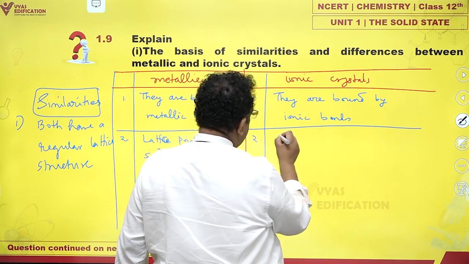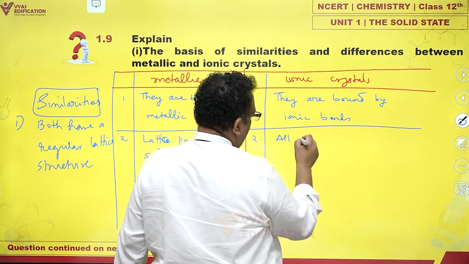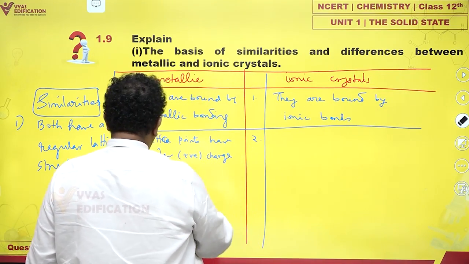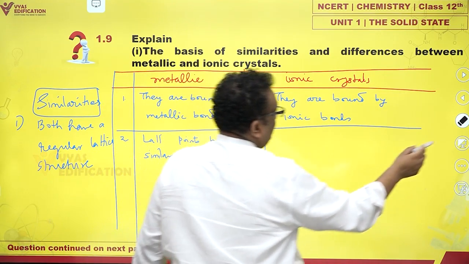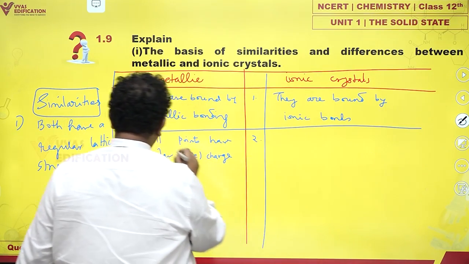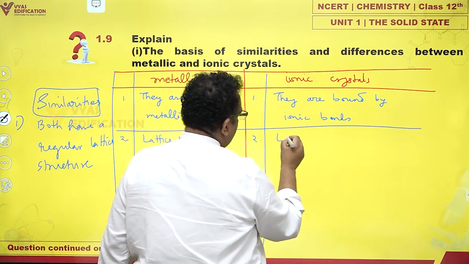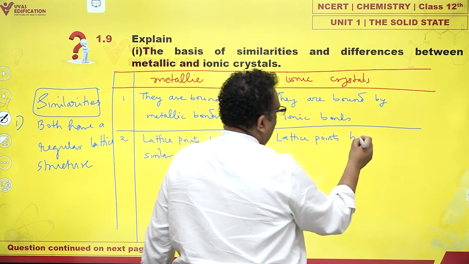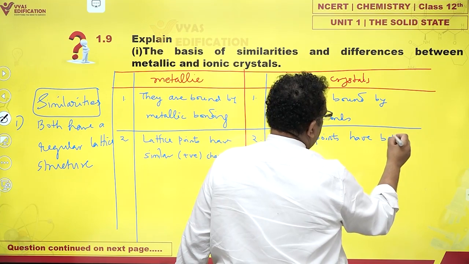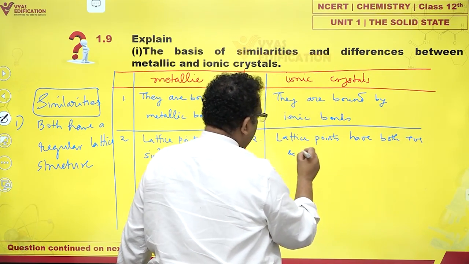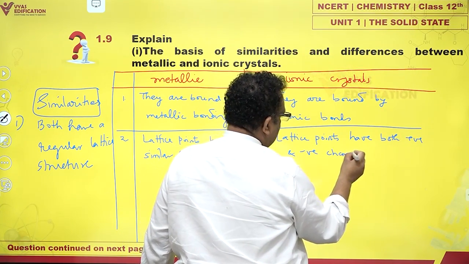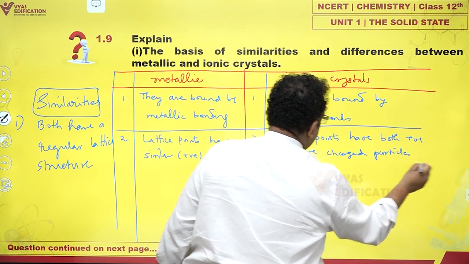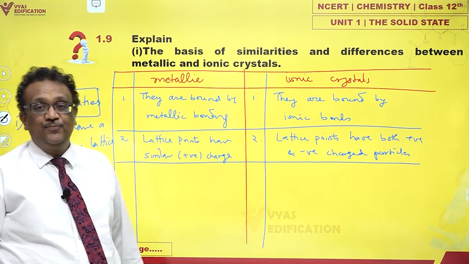And in ionic crystals, the lattice points have both positive and negative charged particles, because there are cations as well as anions.